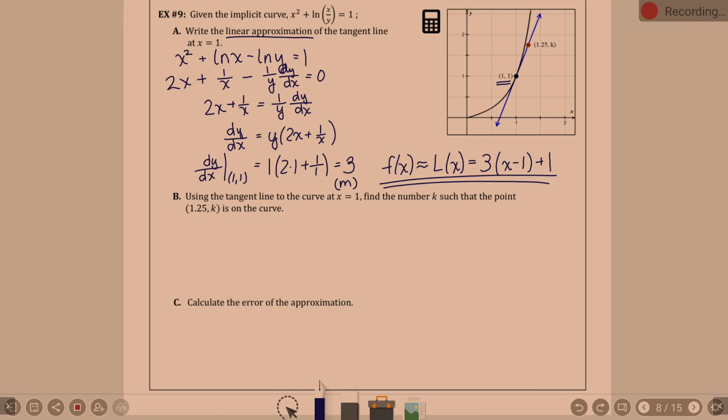Okay, so that was a good one to talk about because I had to throw in that implicit differentiation that really never goes away. It's a skill that you're just expected to know at this point.